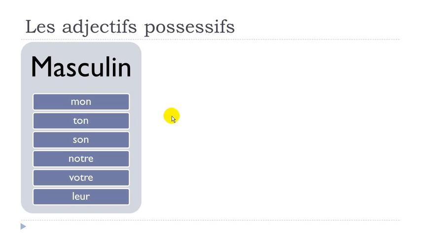Okay, so let's be clear, when we talk about les adjectifs possessifs, in English it will be my, your, his, our, your, their. But then in French, basically we'll have the difference between the masculine, the feminine, and the plural.